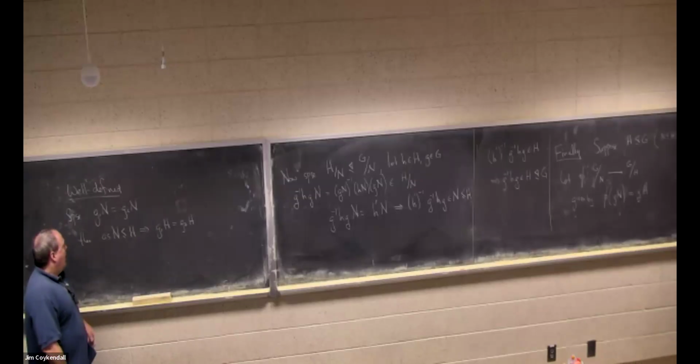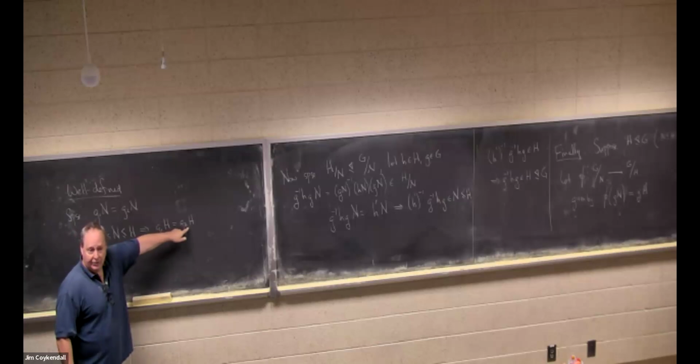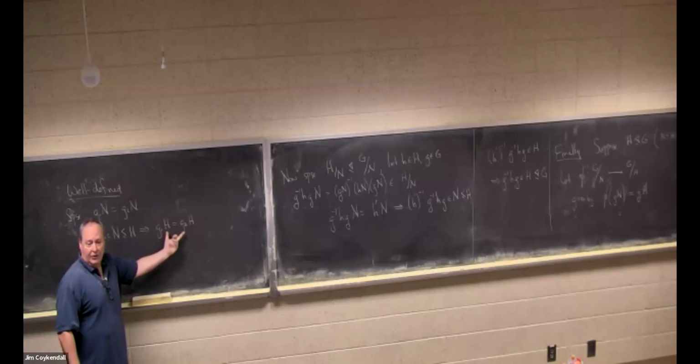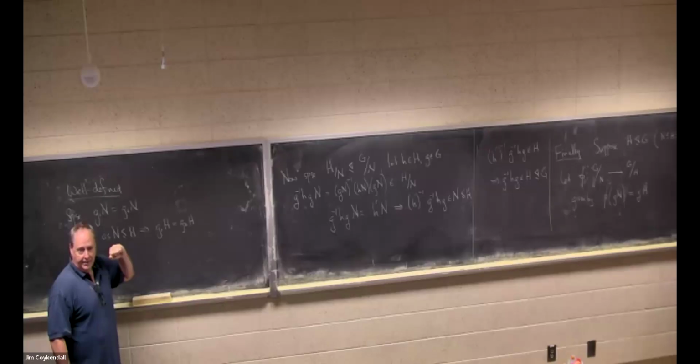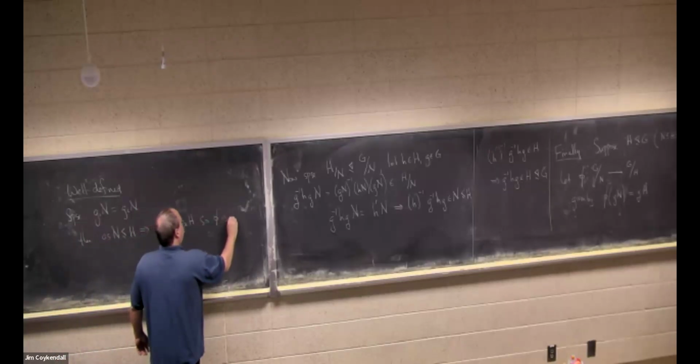How do I know this? Because if these two cosets are the same, they certainly have overlap. That means in particular that G1 is in this coset. So G1 is going to be in this bigger coset because N is contained in H. And since these two cosets have something in common, they have to be equal. Agree with that? So phi is well defined.